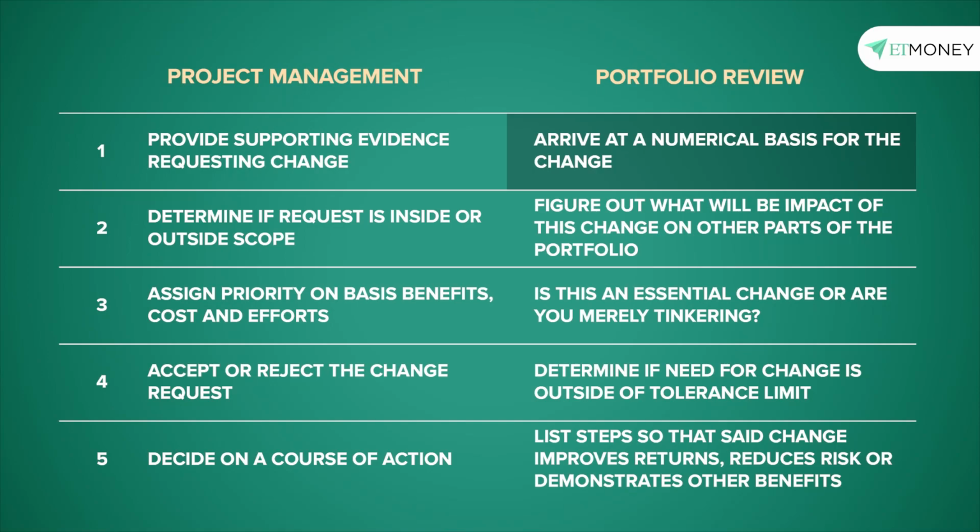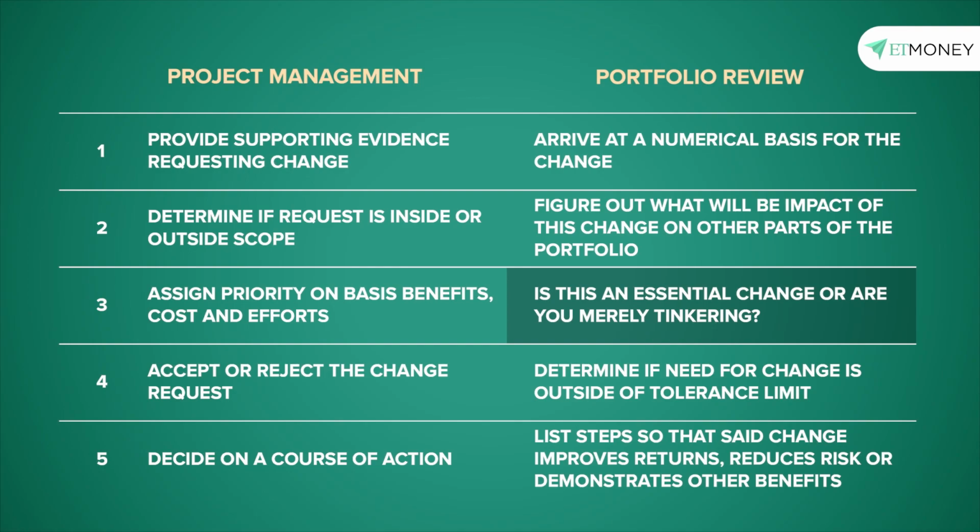For example, will the change improve our portfolio performance by 1% or 11%? Step 2 will be about figuring out the impact of the change on other parts of the portfolio like the asset allocation, expected returns, changes in the risk profile, etc.